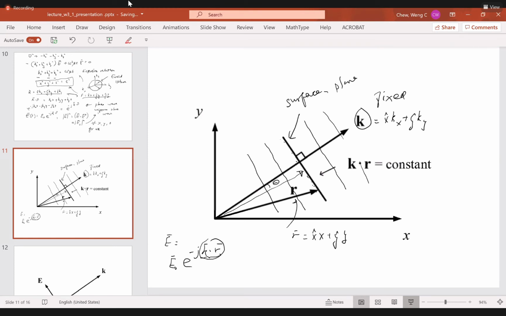The phase being a constant means that if you were to translate back to the time domain, it says that along this plane, the wave has a constant phase. This is the characteristic of a plane wave. That's why we call this a plane wave front.